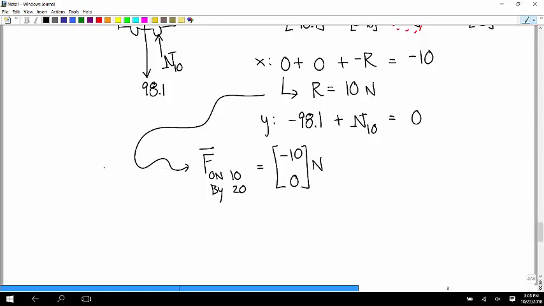And what direction is that acting in the coordinate system? It's in the negative x direction, pointing to the left. So you could also write this as an arrow pointing to the left with a magnitude of 10 newtons. Those mean the same thing.